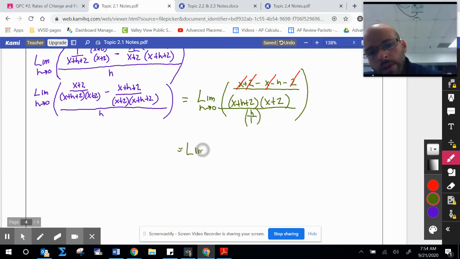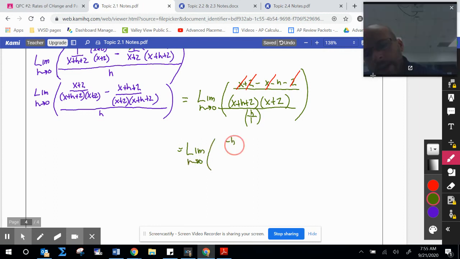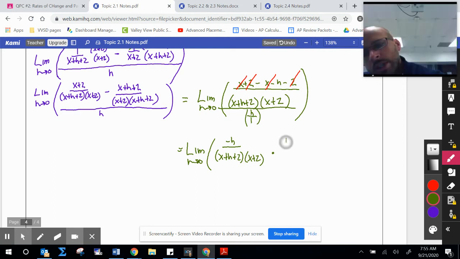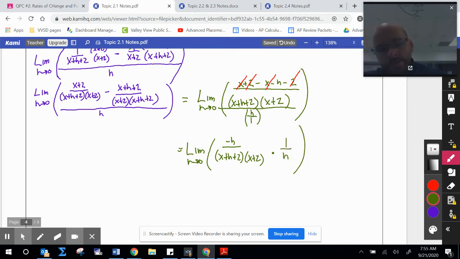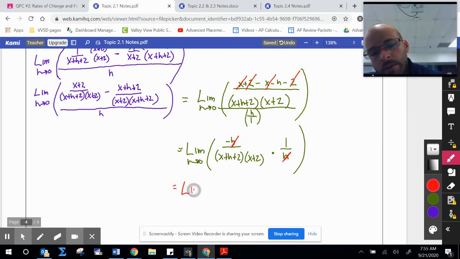So let me show that. Sorry about that, guys. Got a little too fast. X plus h plus 2, x plus 2. Now, when I multiply by the reciprocal of the denominator, you'll see that the h's cancel. I still do have a negative 1 on the top, though.